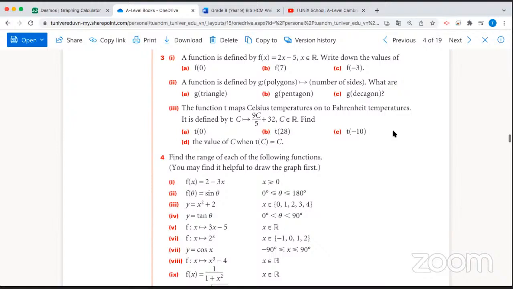Okay. And then we have number 2. The function is defined by polygon sides. A is 3, B is 5, and C is decagon, 10.